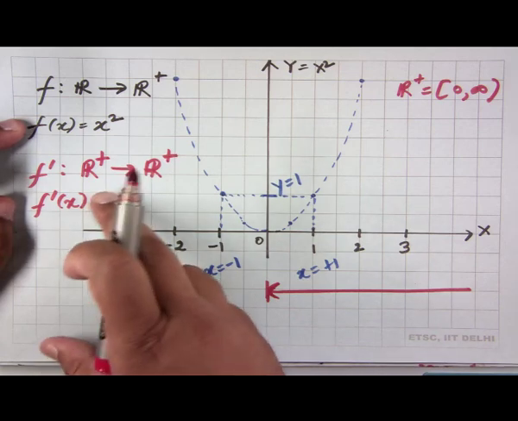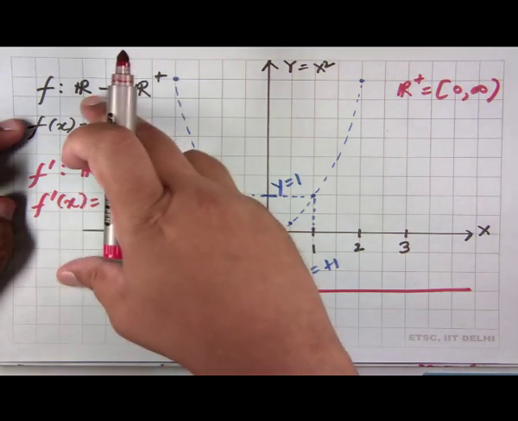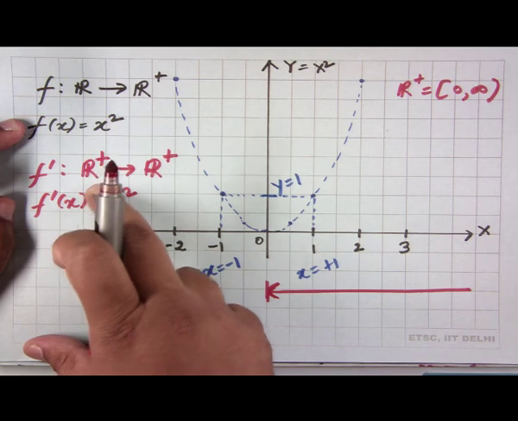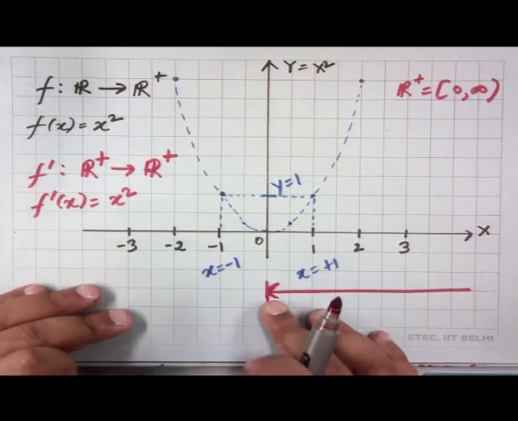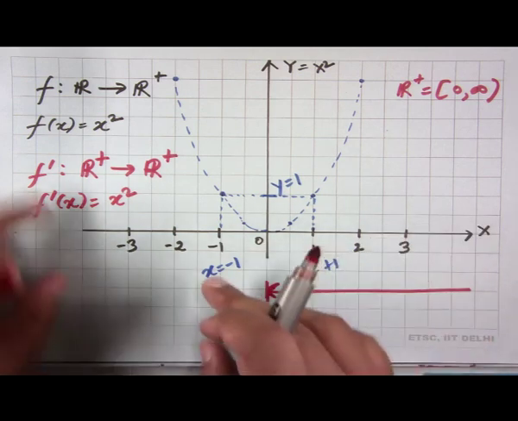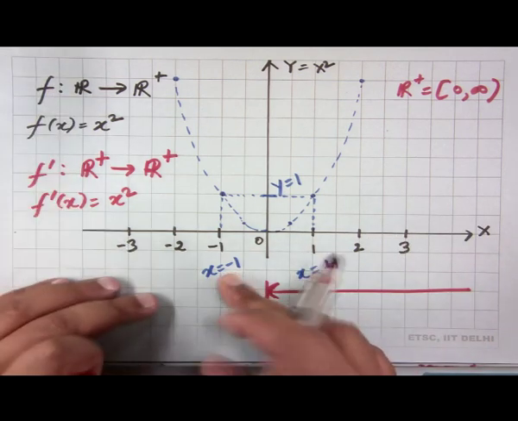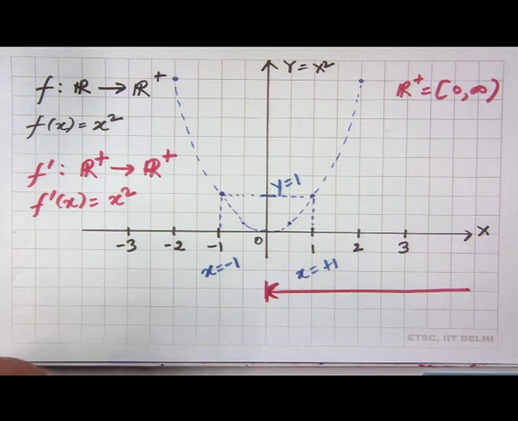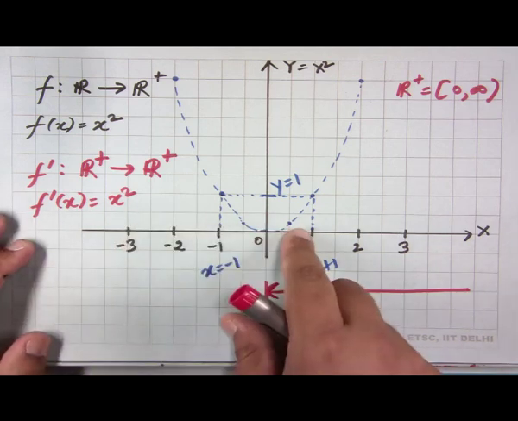It is just that the domain now has been restricted from r to r plus. But the advantage of doing this restriction is, first of all, that by restricting the domain from r to r plus, we still see that the entire range of the function is still the same.